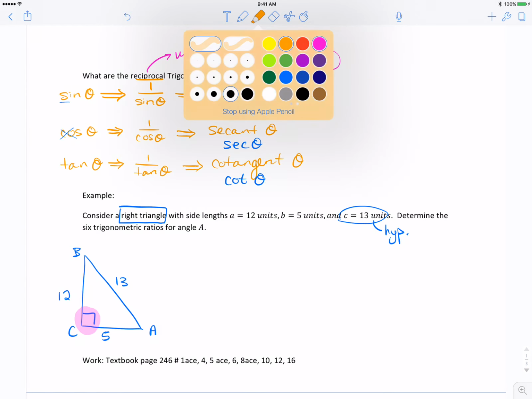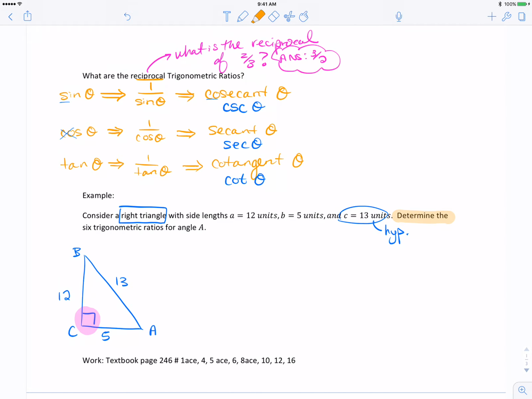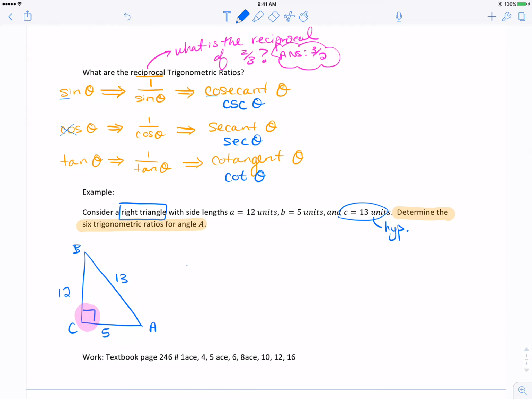The overall problem is asking us to determine the 6 trig ratios for the angle. Well, the first 3 are going to be my general sine, cosine, and tangent ratios, and it wants angle A, so that's my reference angle. Sine of A, cos of A, tangent of A. Sine of A, opposite over hypotenuse, 12 over 13.